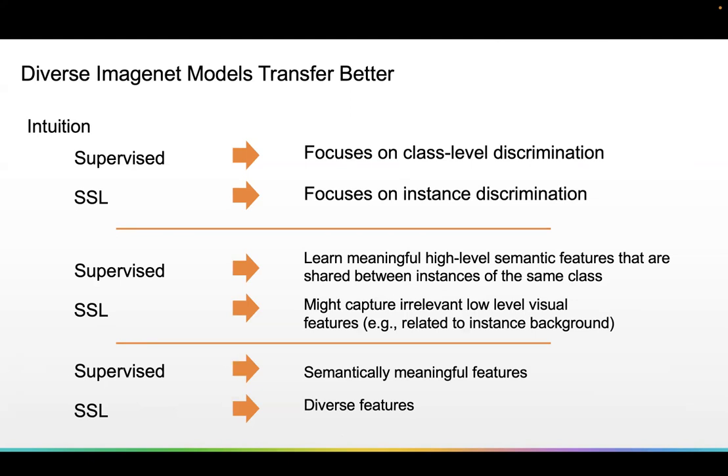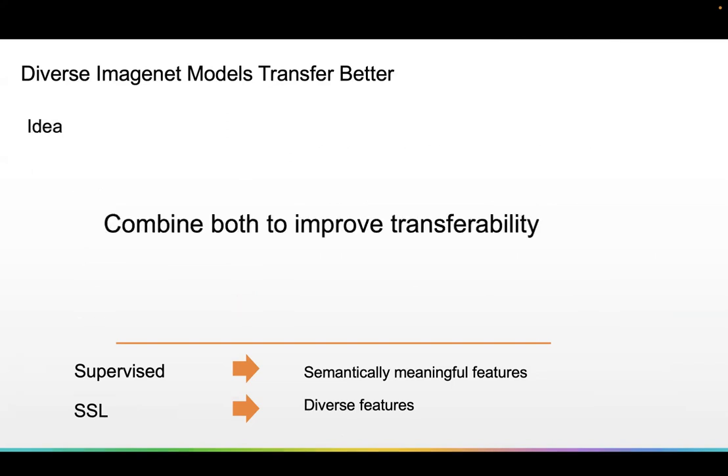To conclude, supervised models learn semantically meaningful features, while SSL learn more diverse instance-level features. So the idea is, why not combine both in order to improve transferability?